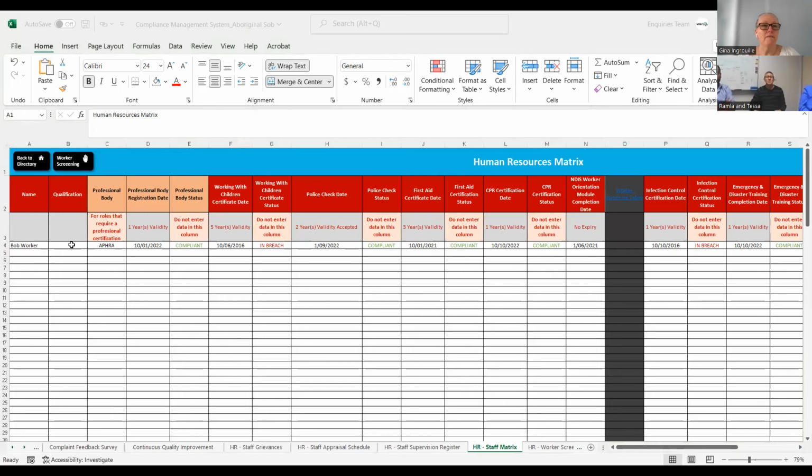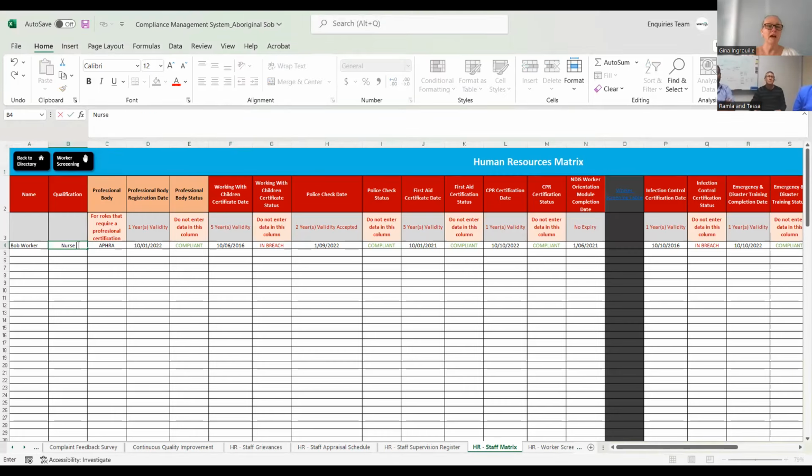So Bob the worker, let's say he's a nurse. Therefore, he must have an APRA registration. Let's say Billy is a social worker. So he'll have a, you know, Australian social workers, can't remember the name, registration. And then you've got a whole lot of support workers. They don't have to have a professional body. They might, but they don't have to.